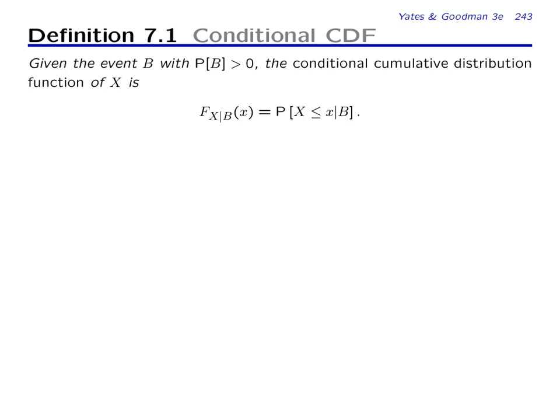To describe the conditioning of a random variable, we start with the conditional CDF. The idea here is that before we do an experiment, X has a CDF.